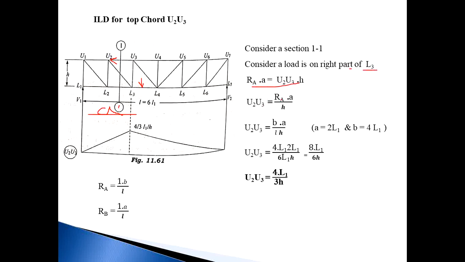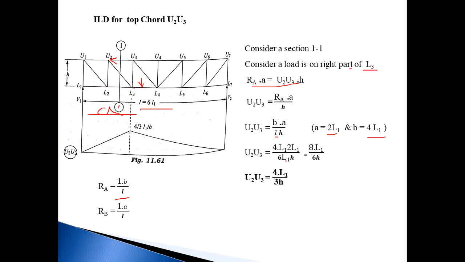So U2U3 is equal to RA into A divided by H. We know that the value of RA is equal to B by L. Putting the RA value, U2U3 is equal to B by L into A by H. Now with respect to L3, the distance L1 to L3 is 2 L1, and the distance L3 to L7 is 4 L1. Putting A and B values, that is 4 L1 into 2 L1, and total L from L1 to L7 is 6 L1.